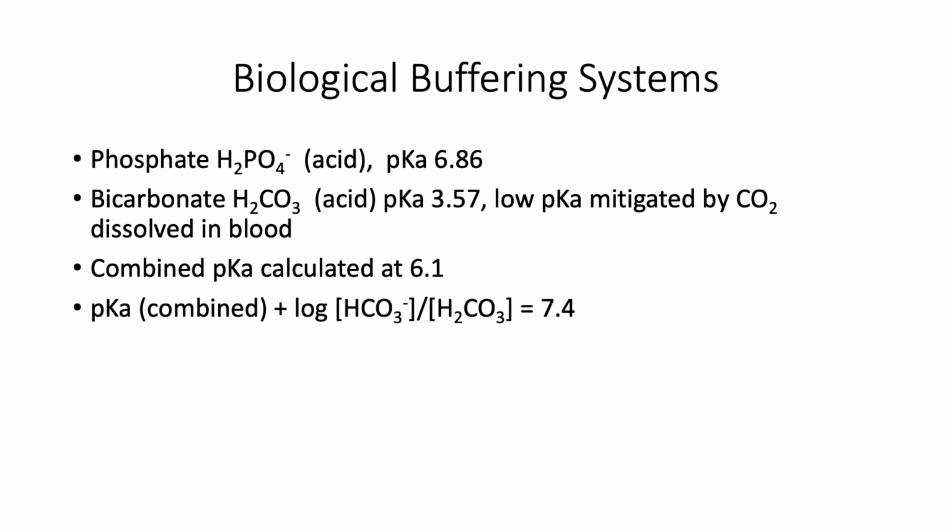So in the biological buffering systems, you have phosphate buffer, which is H2PO4 negative, and the pKa for that is slightly acidic at 6.86. Bicarb, as I said, the acid pKa is 3.57, and that low pKa is mitigated because you do have carbon dioxide dissolved in blood.